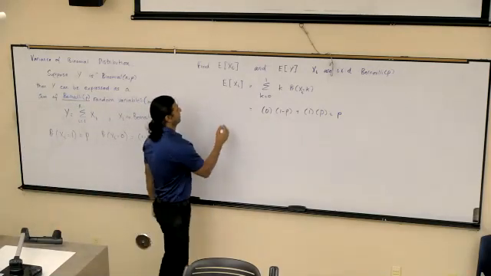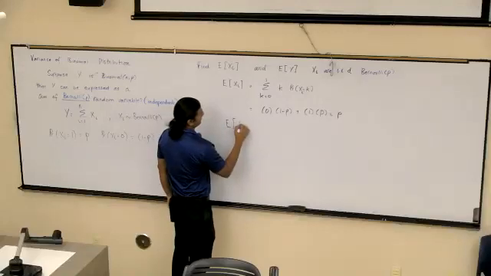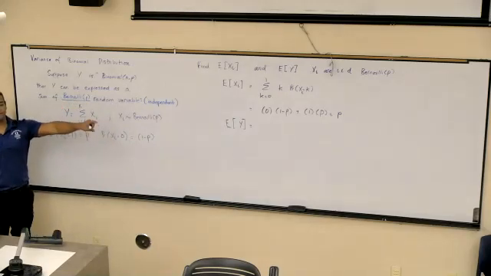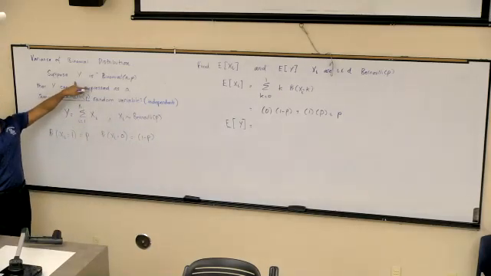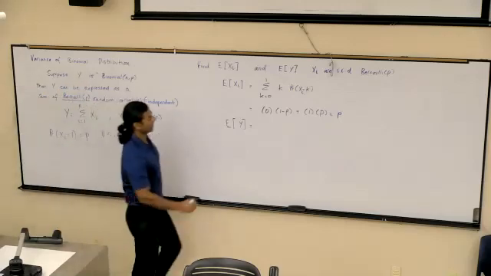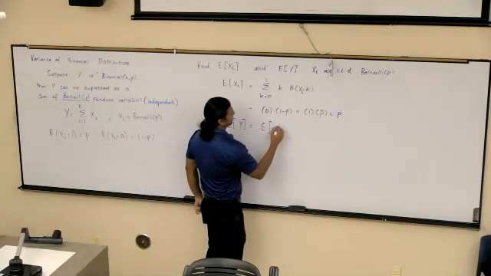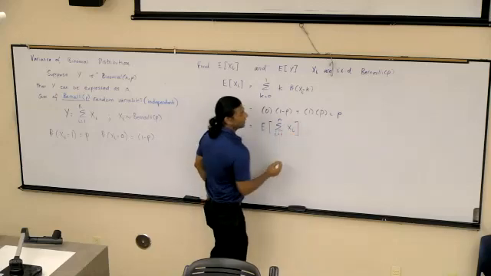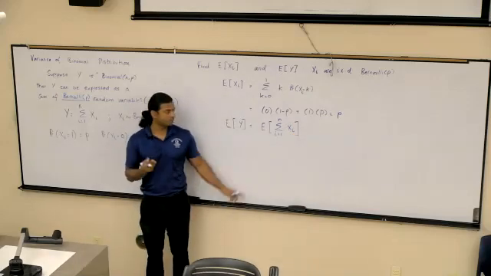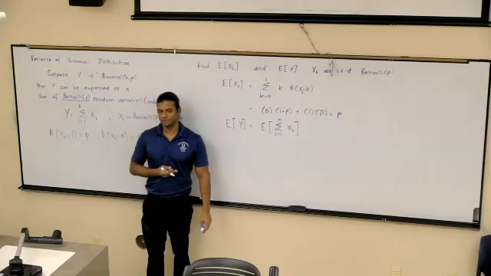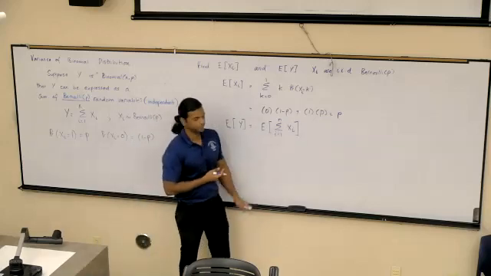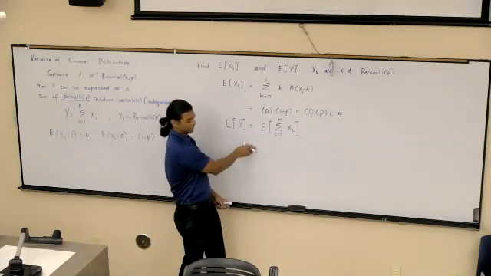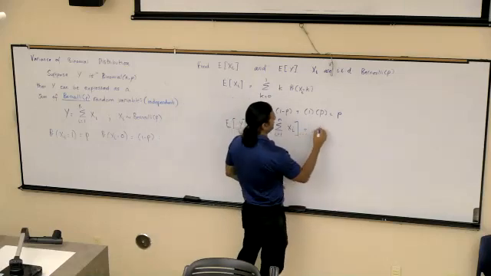Now that I know the expected value of a Bernoulli, I could use that information to find the expected value of a binomial. So expectation of the sum i equals 1 to n of xi. By linearity of expectation, what should I be able to do? Move the sum outside.